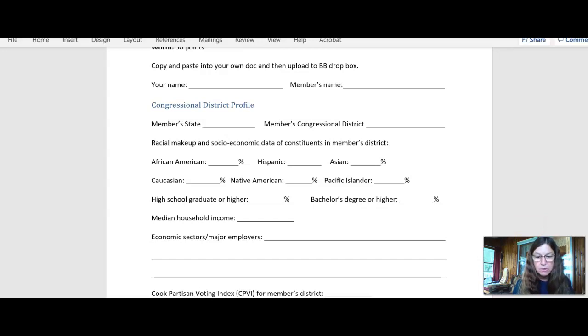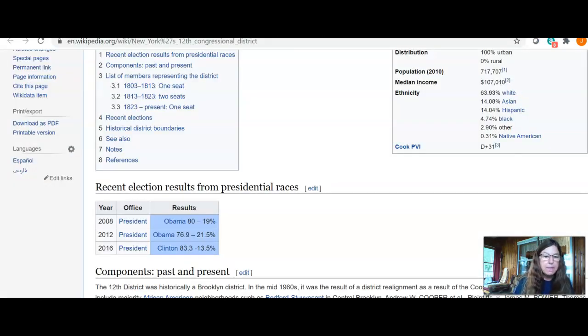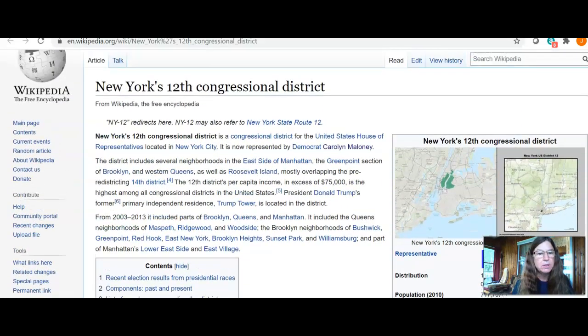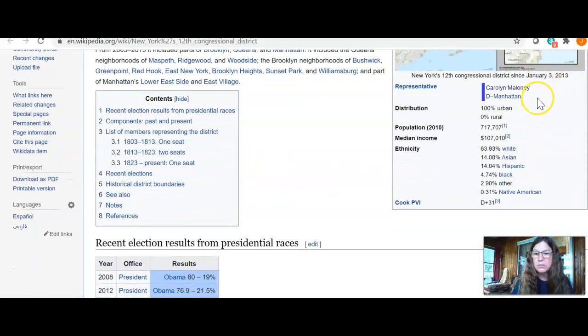If we go over to a wiki site here, we can go over to District 12, and we have the New York District 12 wiki right here. We can see that Carolyn Maloney is representing that district, that she is a Democrat.